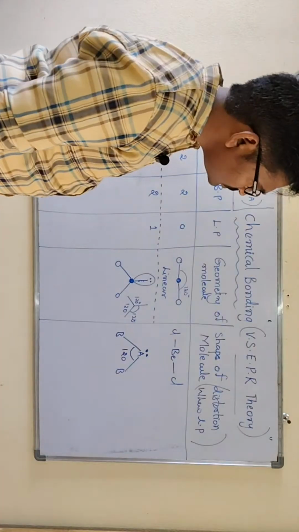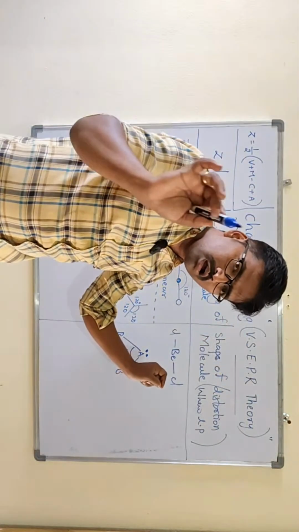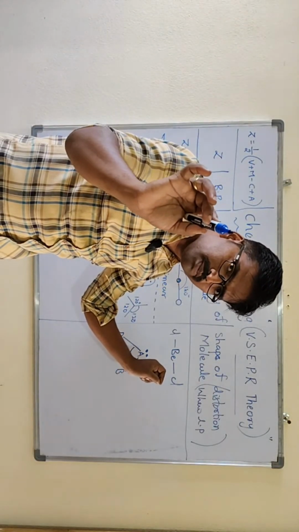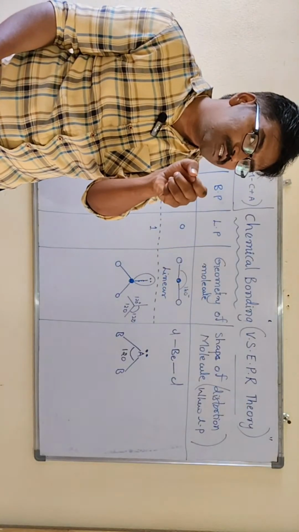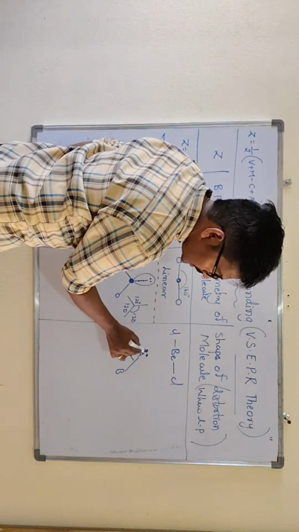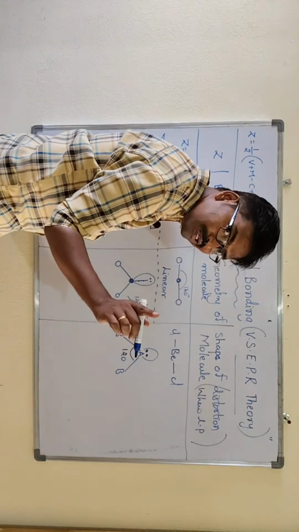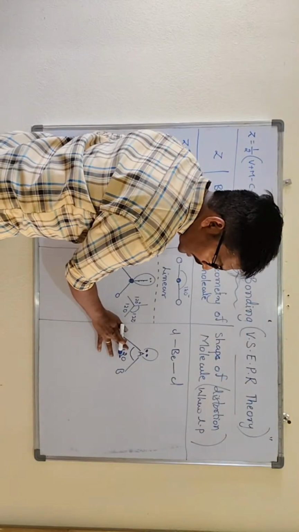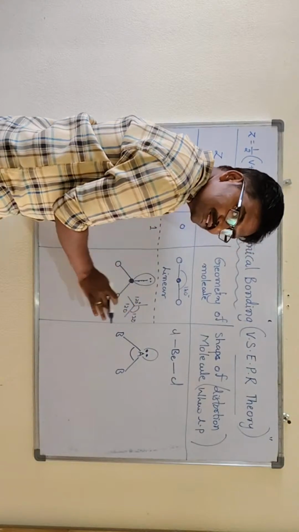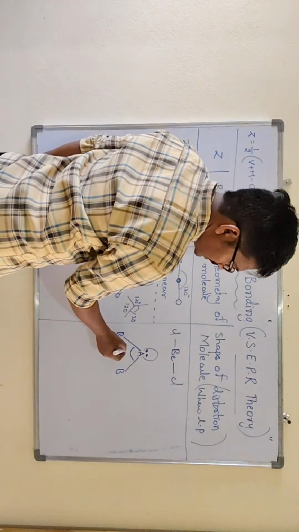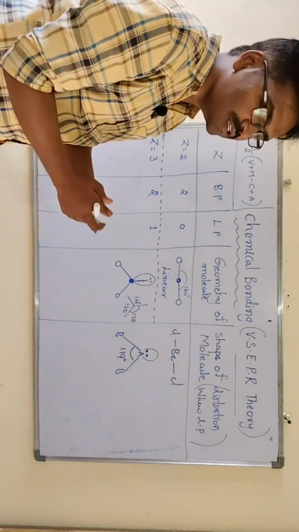But according to valence shell electron pair repulsion theory, repulsions are present between the lone pairs and bond pairs. So when repulsion takes place, the bond angle decreases from 120 to less than 120, that means either 119 degrees or 118 degrees.